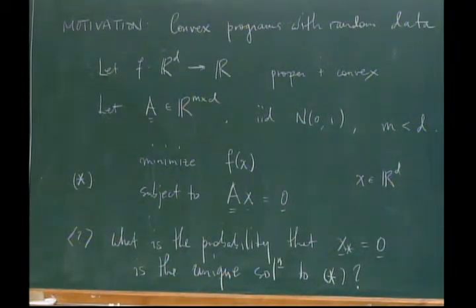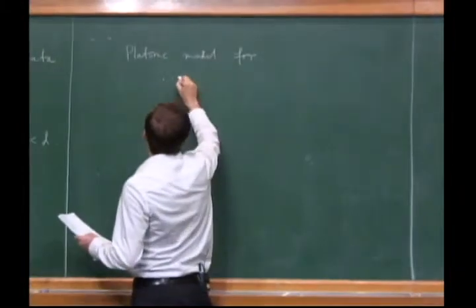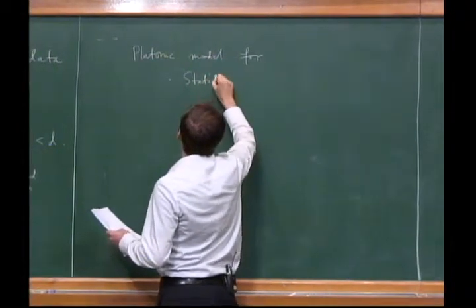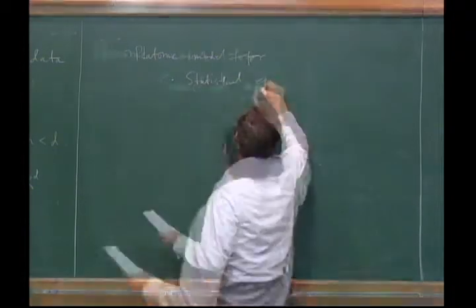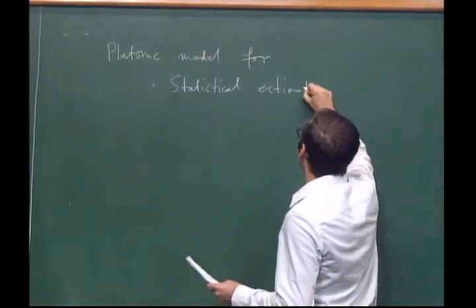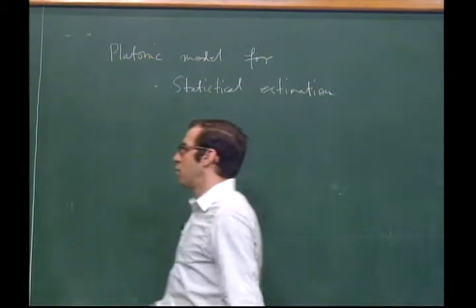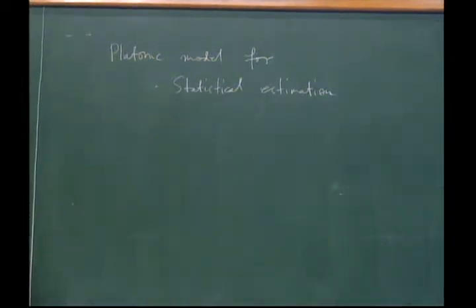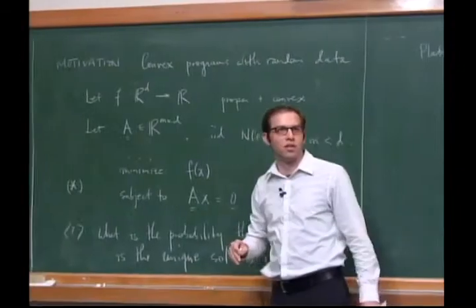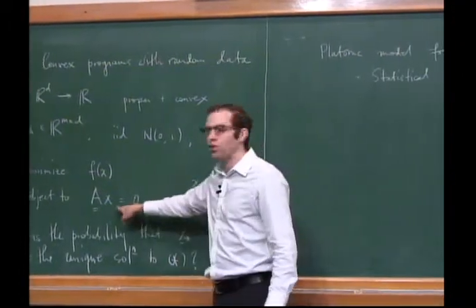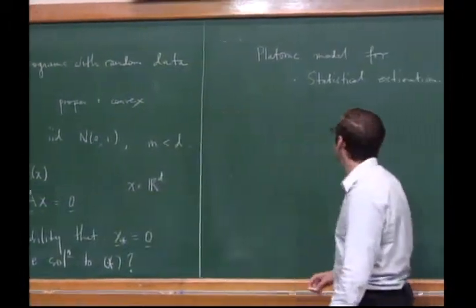So I'm not going to talk very much about where optimization problems like this come from. I'll just note that this is a Platonic model for a variety of applications, including statistical estimation. In this case, x is a vector of coefficients, and A is a design matrix, and f is a regularization that drives us toward a good set of coefficients in the model.